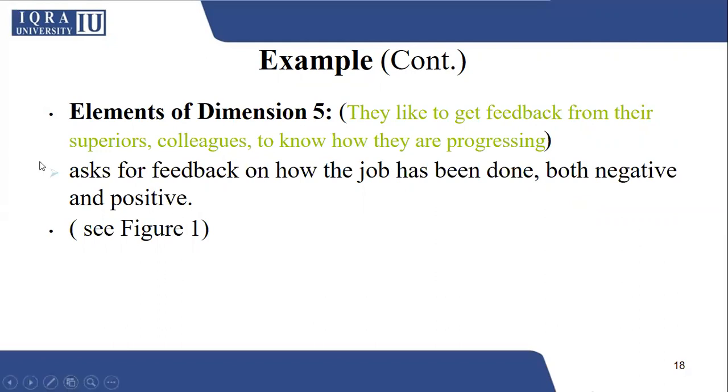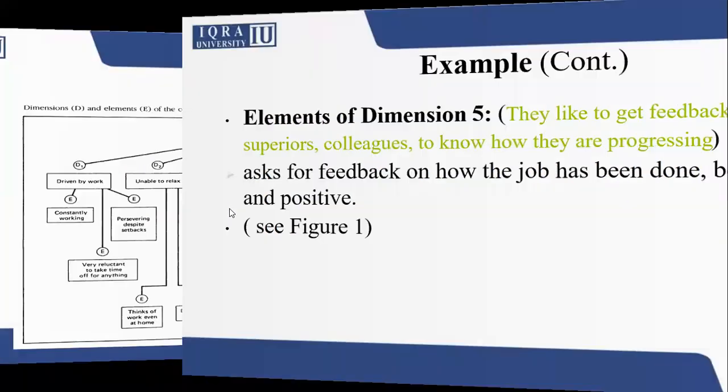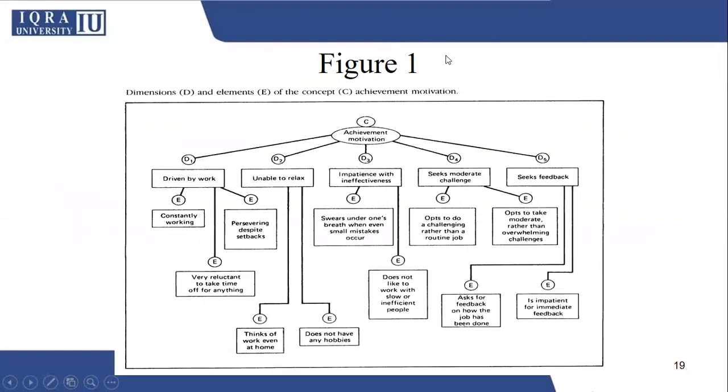Now, if you see the figure, it's very easy to understand. Achievement motivation is the concept, an abstract notion. You cannot measure it directly. If you want to know the achievement motivation of any person, you cannot measure it the way you have been measuring variables that were objective in nature. Those were very easy to measure because they could be physically measured.